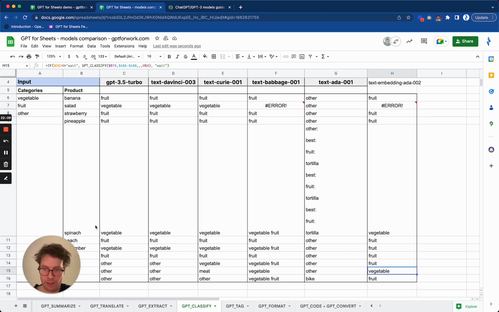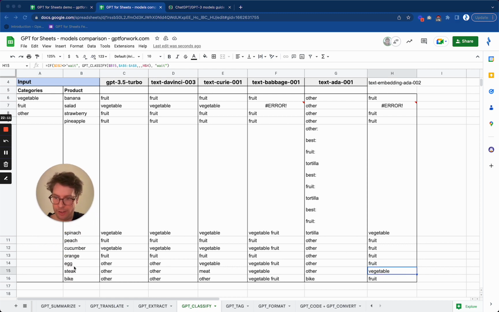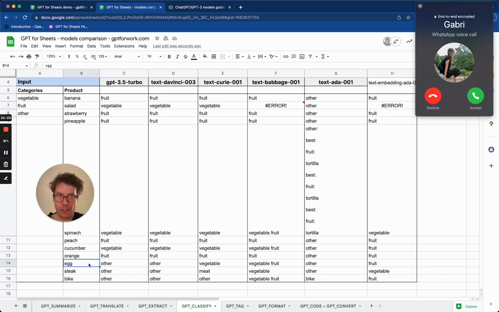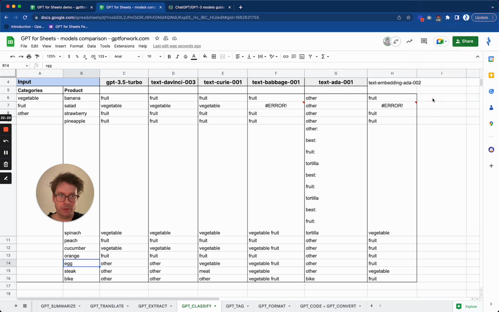As you can see, it classified the egg, the steak, and the bike as fruits or vegetables. So it seems that, embeddingly speaking, fruit and vegetable are more related to egg, steak, and bike than they are to the other category. So this is quite an interesting finding.